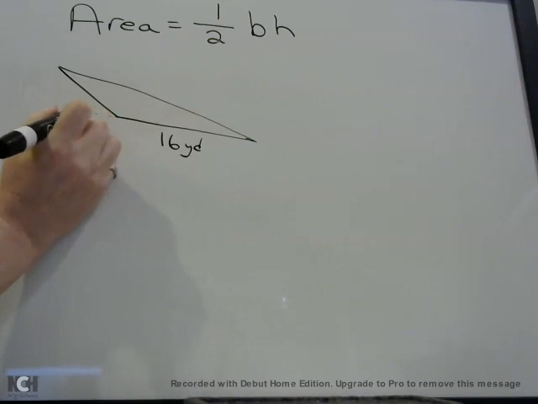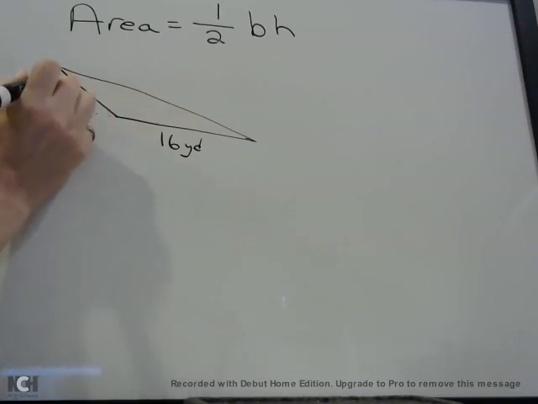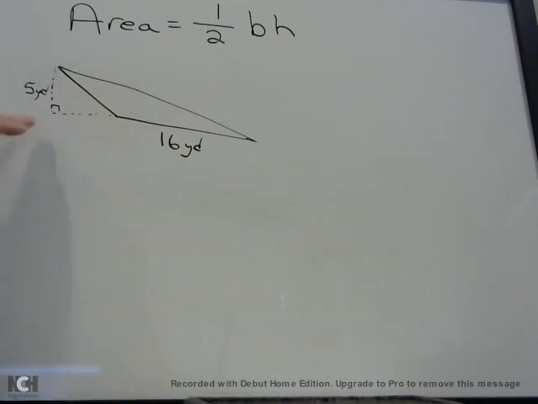So they'll draw a little dotted line out here and up here and tell you what the height is like that. So again, it has to be perpendicular, so you're going to extend it out and draw a perpendicular line up to the highest point here.